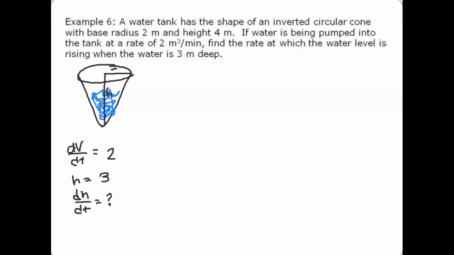Well, we need to know our radius. So radius is equal to half the height from the idea that r over h is equal to 2 over 4. So you could cross multiply that and solve down and see that if you multiply by h, you get r equals half the height. So if the height is 3, the radius is half of 3.